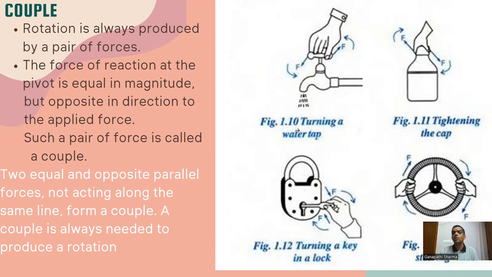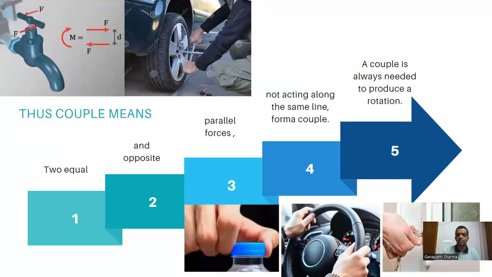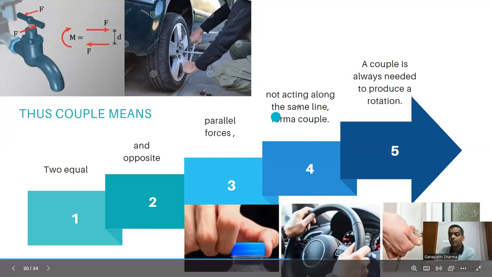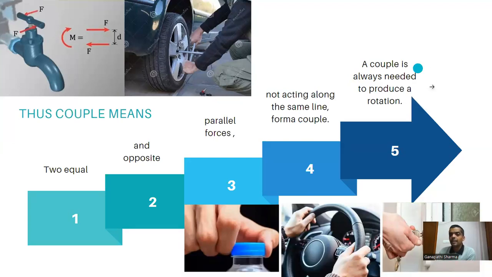Yes, rotation takes place. For rotation, couple formation is required. Thus, a couple means two equal and opposite parallel forces not acting along the same straight line. A couple is always needed to produce a rotation. If anything is rotating, then there will be a couple. In everyday life, we have seen many things, but we have not analyzed whether it is a couple or not. Yes, it is because of a couple.